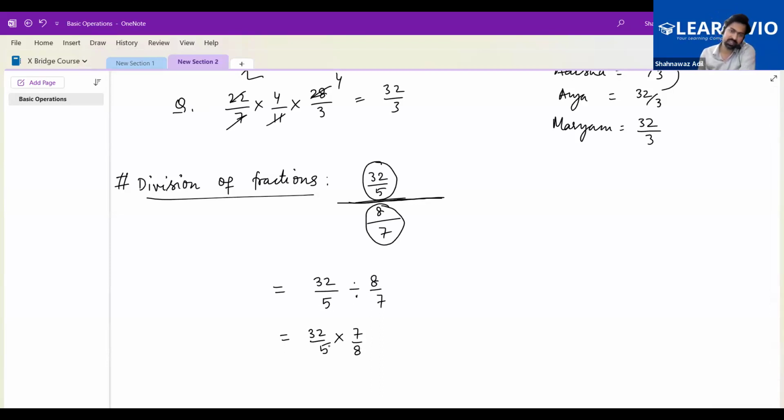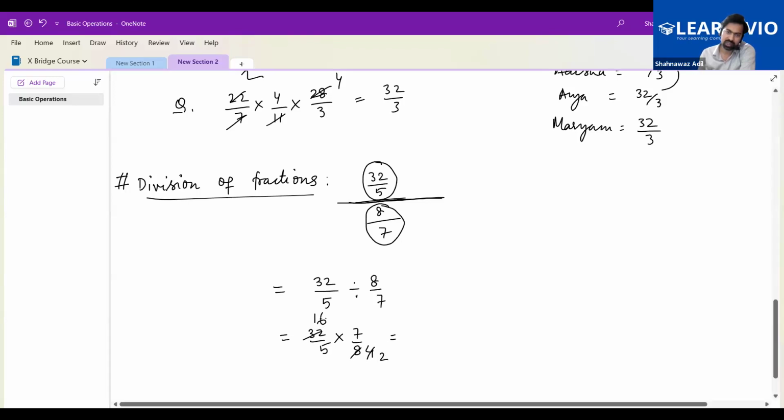So this is what we do in division of fractions. Can we simplify that? 28 by 5. So this is 4 and this is 16. So this can be simplified further: 2 and 8, and 2 and 4. So 28 by 5 would be the answer.